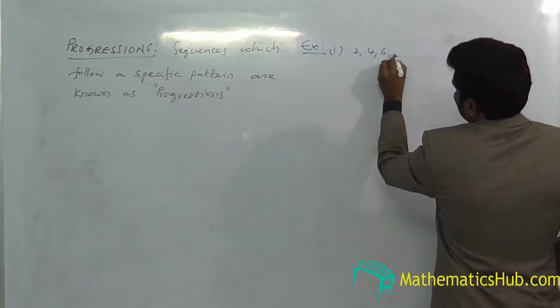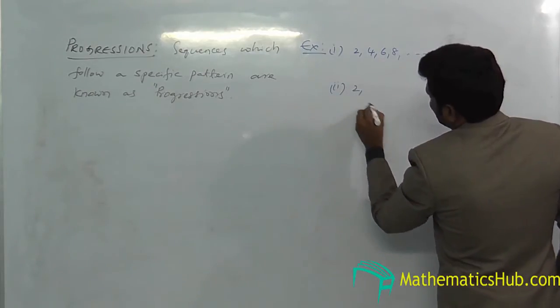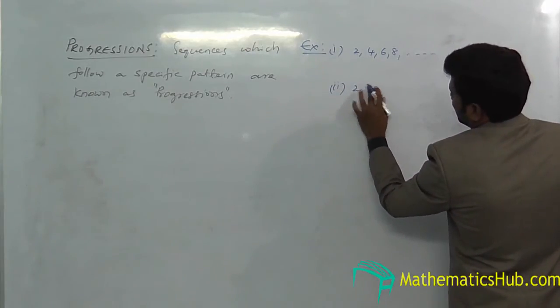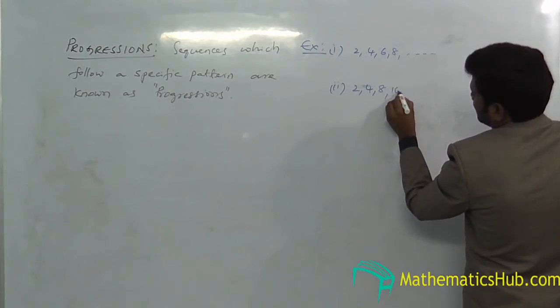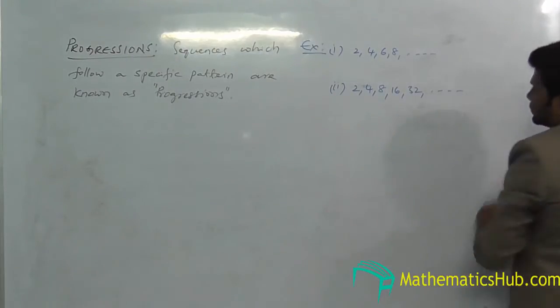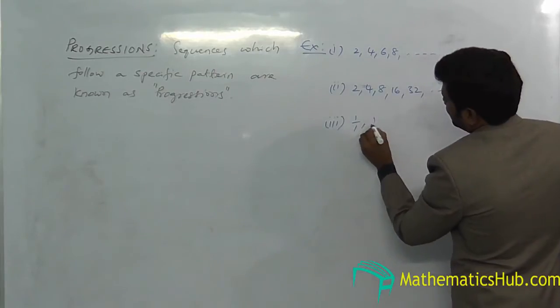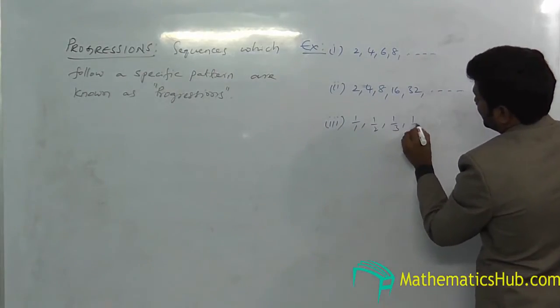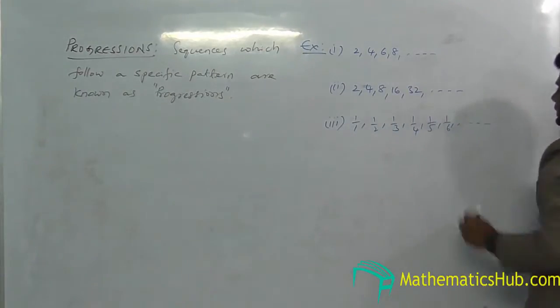2, 4, 6, 8 and so on. 2, 4, 8, 16, 32 and so on. 1 by 1, 1 by 2, 1 by 3, 1 by 4, 1 by 5, 1 by 6 and so on.